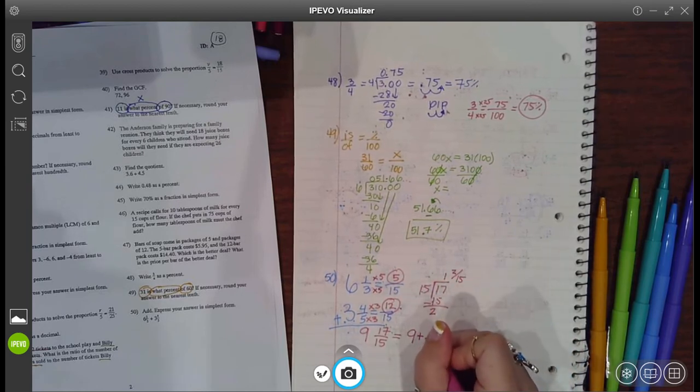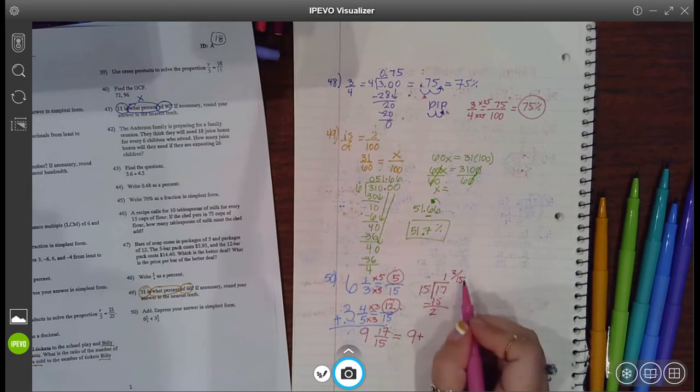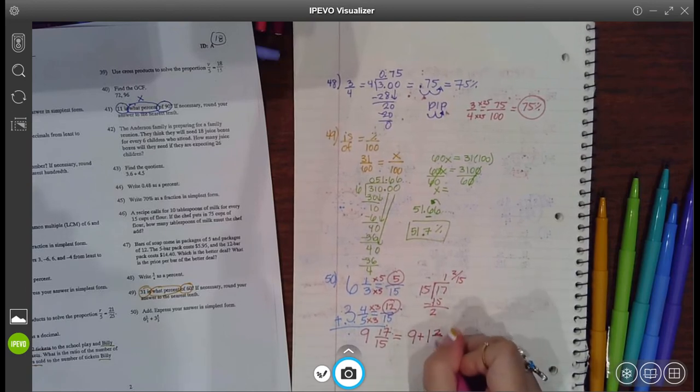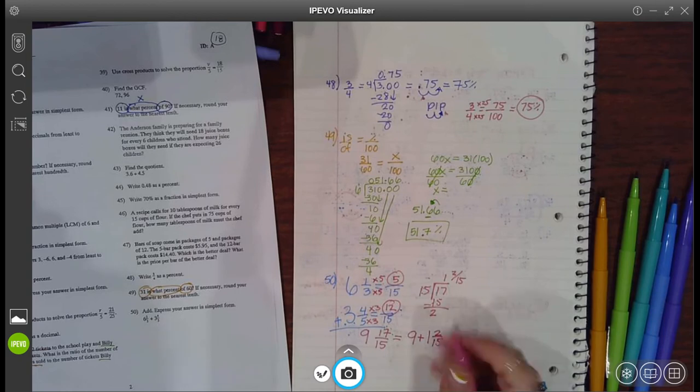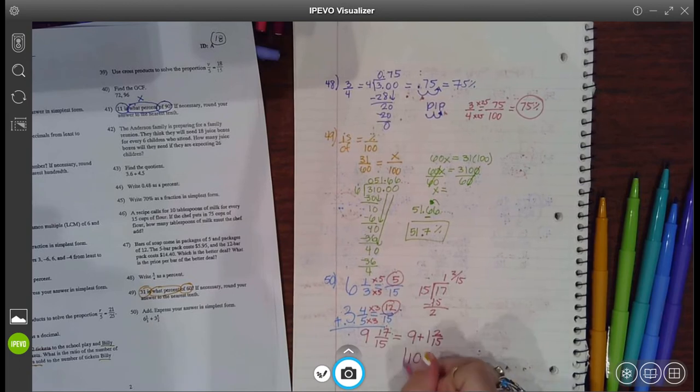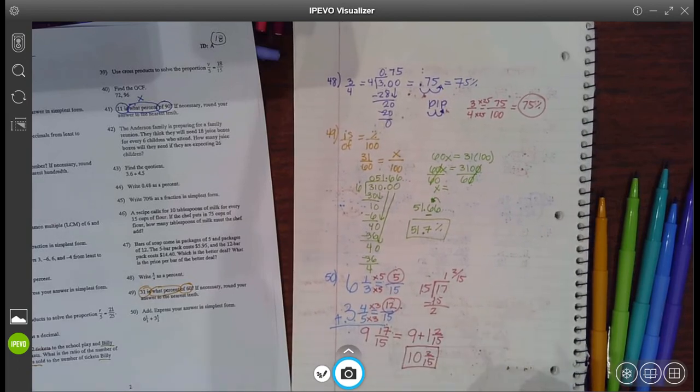So 9 plus 17 over 15 is the same thing as 1 and 2/15. So 9 plus 1 is 10, and tack on that 2/15. Can you reduce 2/15? Nope. So that's your final answer.